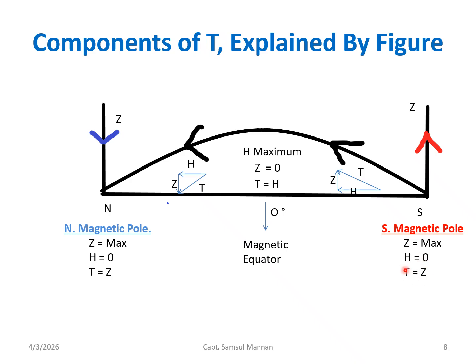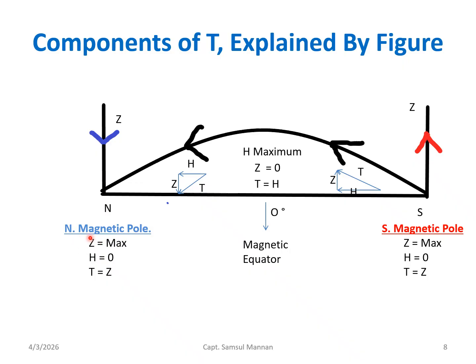The total Earth's magnetic force is equal to the vertical component of the Earth's magnetic force. So if we keep a magnetic needle over here, it will be vertical in the southern magnetic hemisphere. Same in the northern magnetic hemisphere, it will be like that, right?